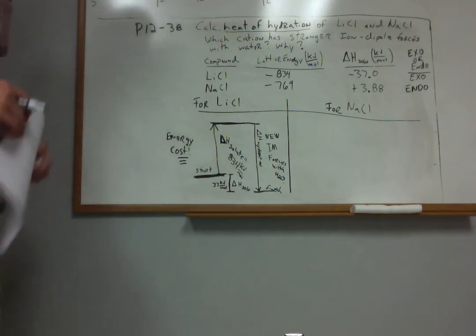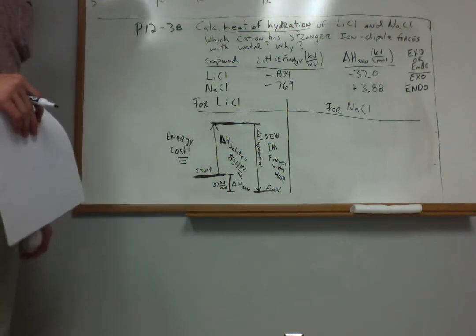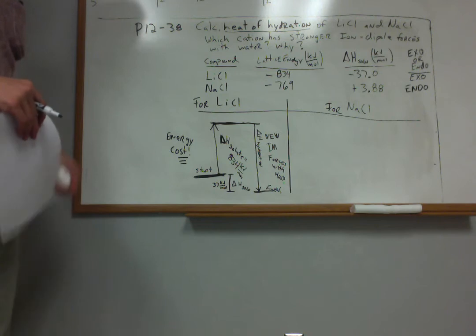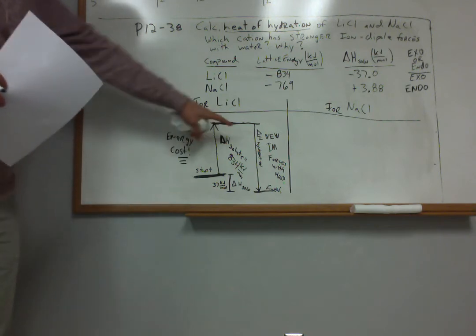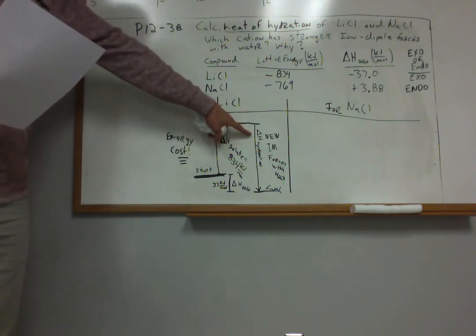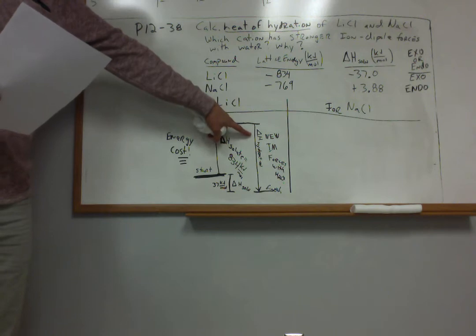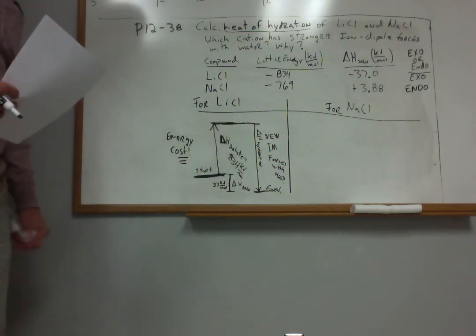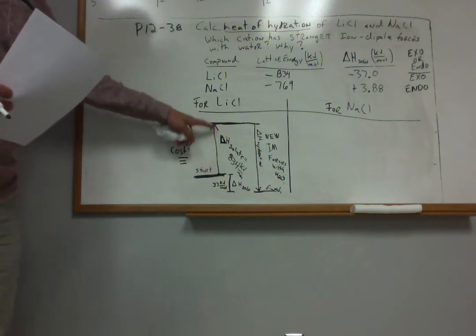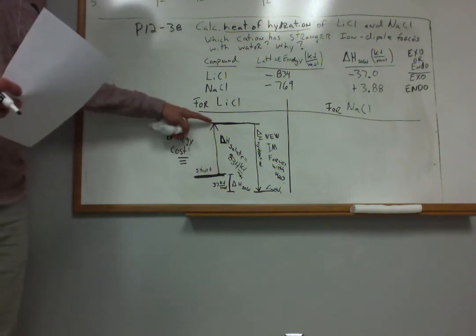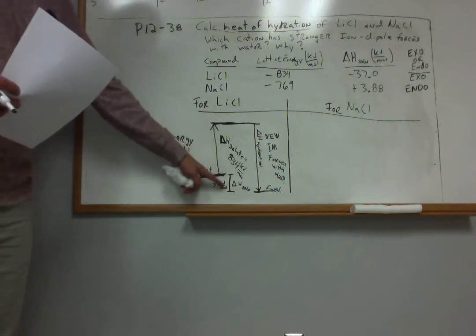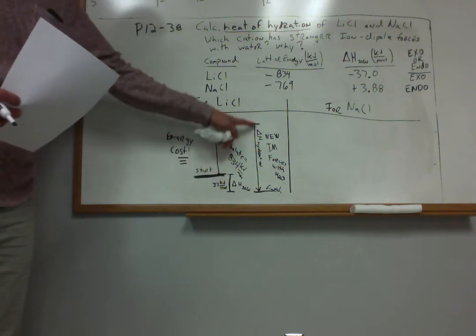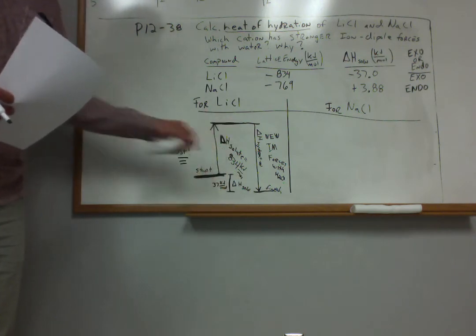All right. After I draw this figure, it becomes a little bit easier to figure out how I can compute this delta H hydration with the length of that arrow. Now I see I have to bridge this gap, the 834, to break the ions apart. And I also have to bridge this gap. So this arrow is simply the sum of the two.